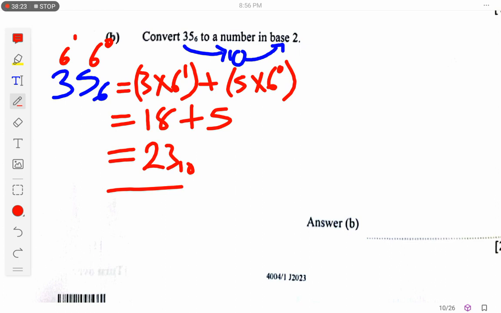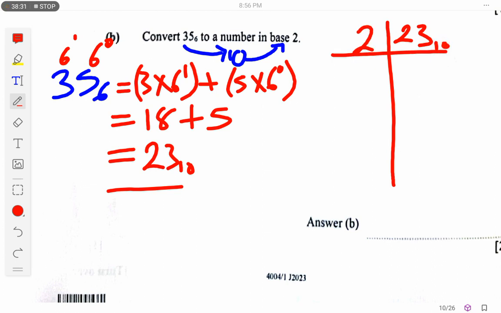Okay. Now we are going to base 2. To go to base 2, we are going to do long division, dividing our base 10 number by the base where we want to go, which is 2. 2 into 23, so it's going to be like 2 into 2, 1. 2 into 3, 1, remainder 1. Okay.